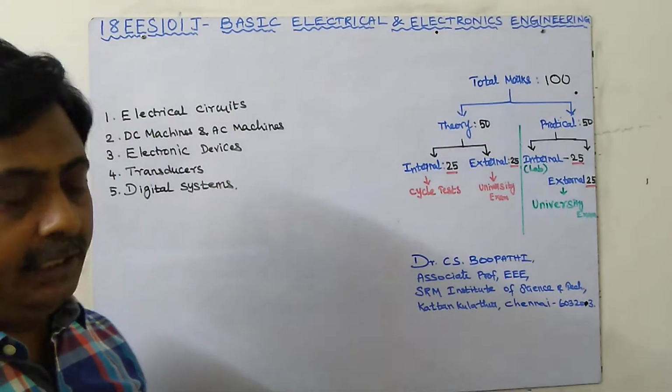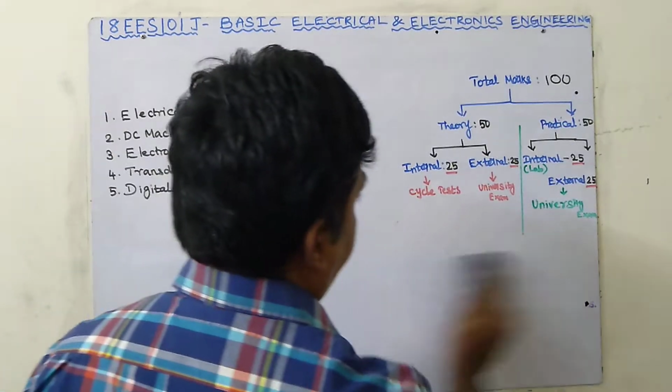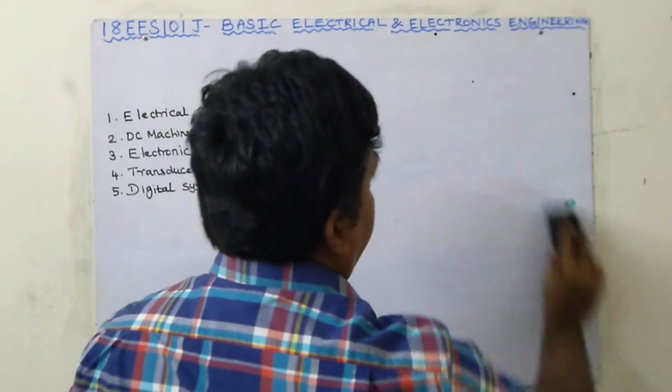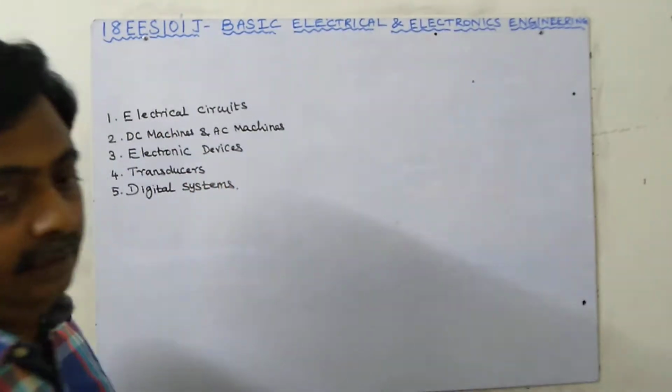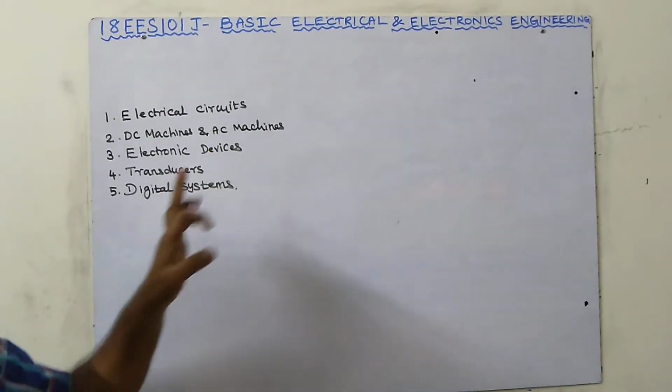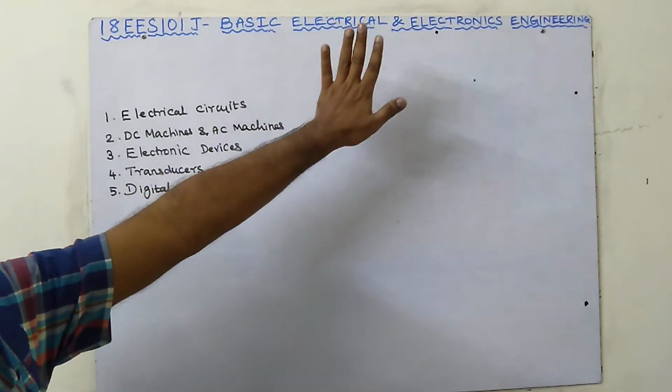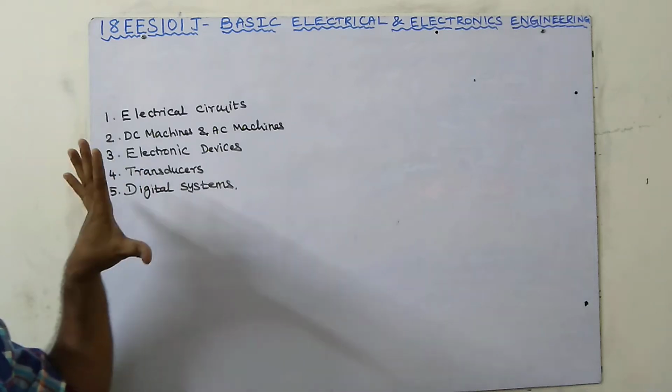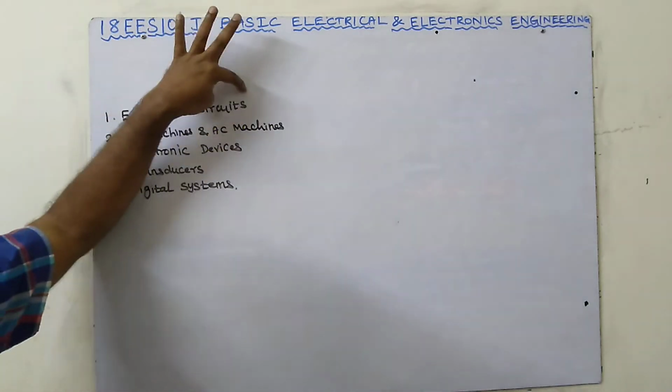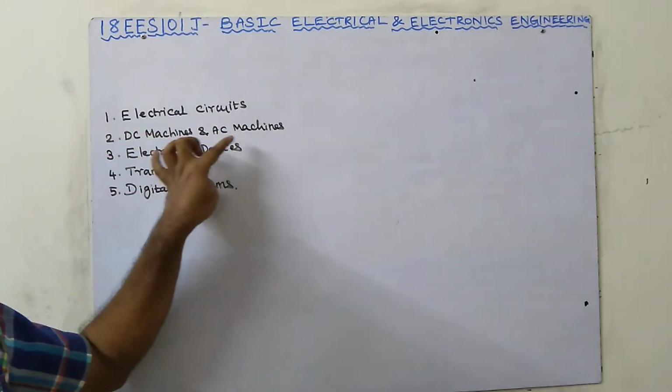So these are some introductions I wanted to tell. Coming to the subject, our Basic Electrical and Electronics Engineering consists of 5 units. The units are electrical circuits, then DC machines and AC machines.